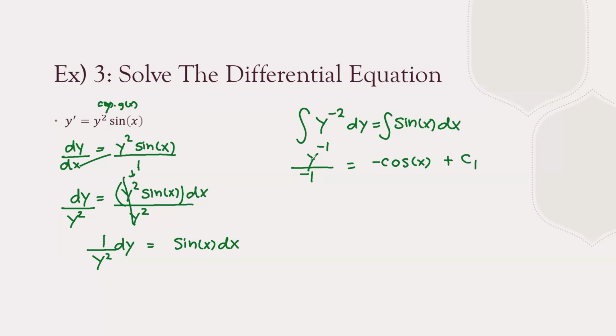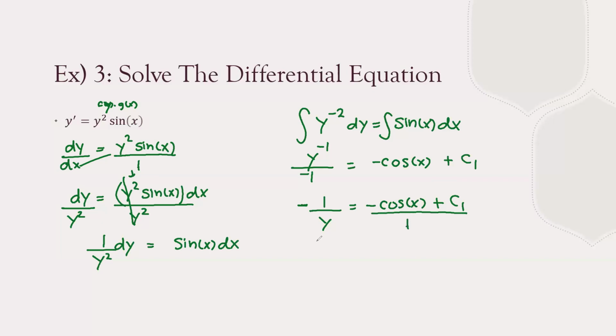So y to the -1 over -1 can be expressed as negative 1 over y. Then go ahead and try to solve for y. So what I would do is cross multiply.